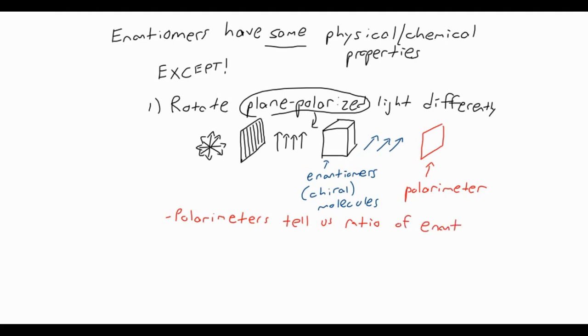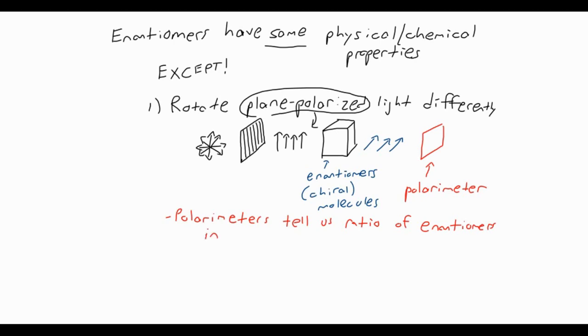So if we have a sample with 100% of one enantiomer, which we call an enantiomerically pure sample, then it's going to rotate that plane polarized light as much as it can, given a couple of values that we can just plug into certain equations.